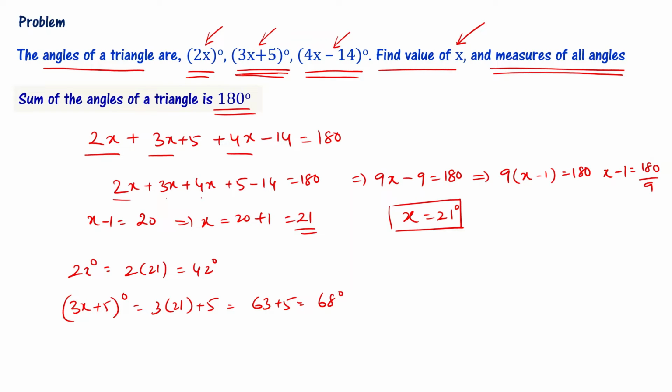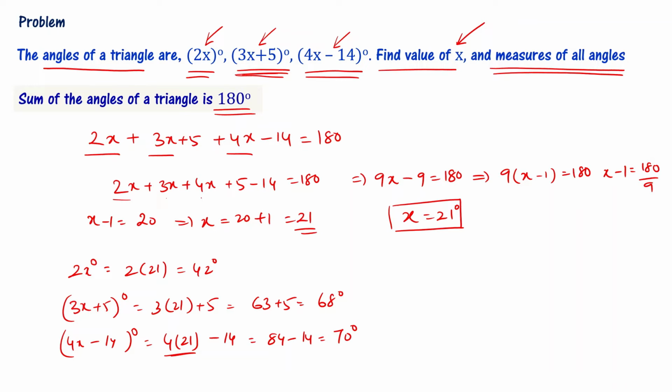The third one is 4x minus 14, which can be written as 4 into 21 minus 14. This is going to be 84, and 84 minus 14 is equal to 70 degrees.